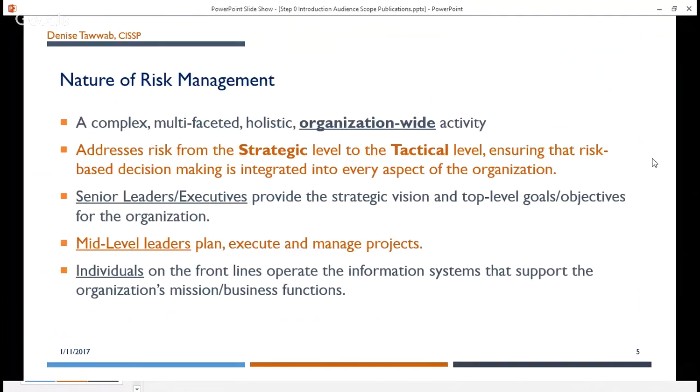Senior leaders will provide the strategic vision and the top level goals. Mid-level managers will plan, execute, and manage projects. And the individuals on the front lines will be operating the information systems that support the business functions.